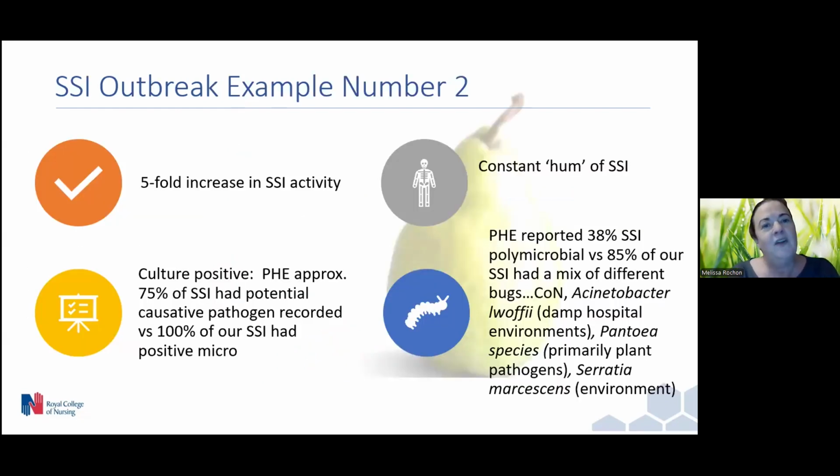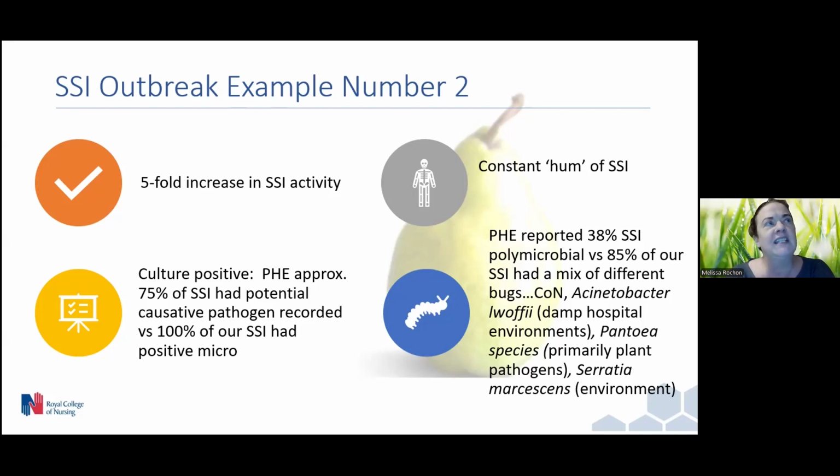The example of outbreak number 2, in fairness, was at our other hospital site. It was over at Harefield, and Harefield had been receiving low outlier status or notification. That is, we were in the lowest 10th percentile of SSIs nationally for quite some time, when all of a sudden we saw a jump in SSI rates.